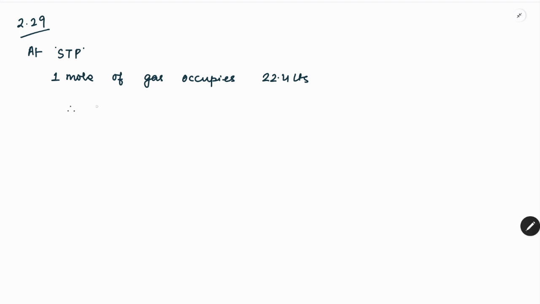So therefore, the number of moles of hydrogen gas present: since it is containing 5 liters, the number of moles n is going to be 5 divided by 22.4. So this is the amount of gas or the moles of gas which is contained.